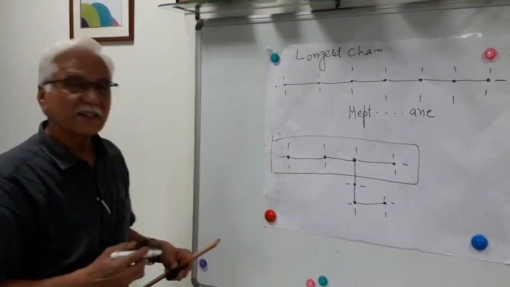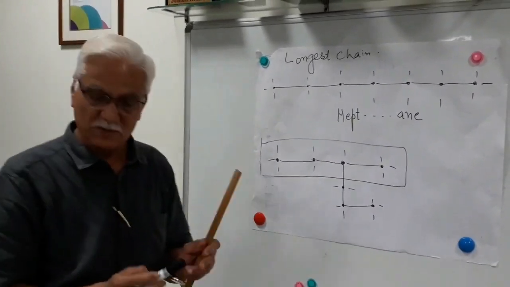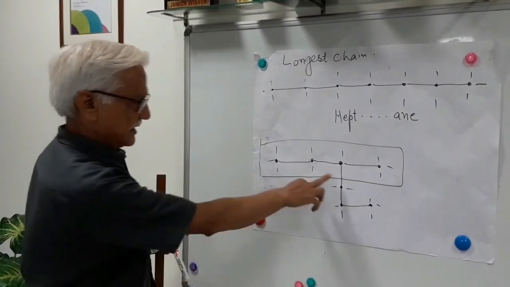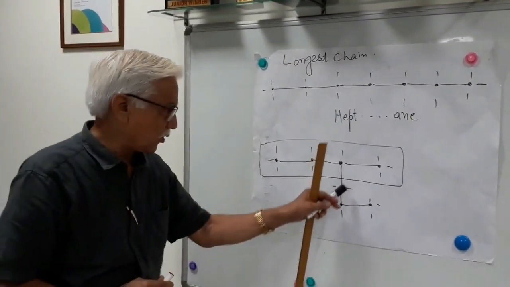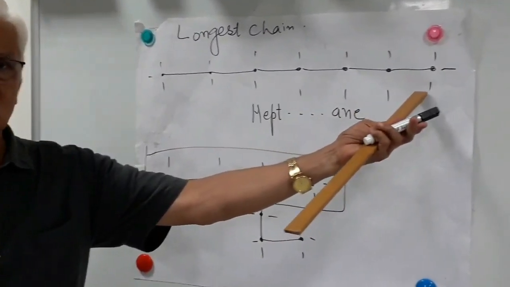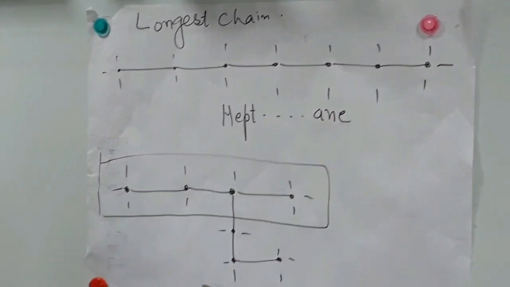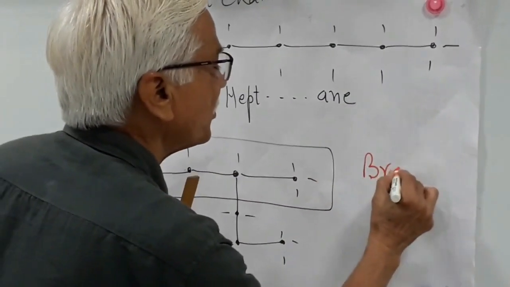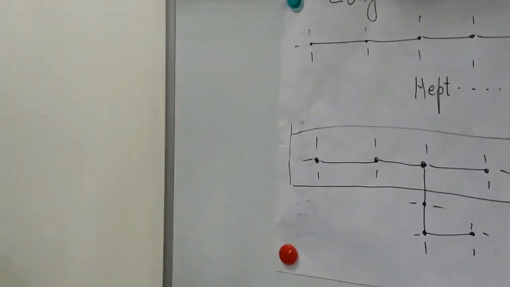So the longest chain is now 4 carbon atoms, though the total number of carbon atoms is still 7. This is now called the side chain. So this is the parent chain, main chain, long chain, and this is the branch chain. This is an example of a branched chain or side chain.